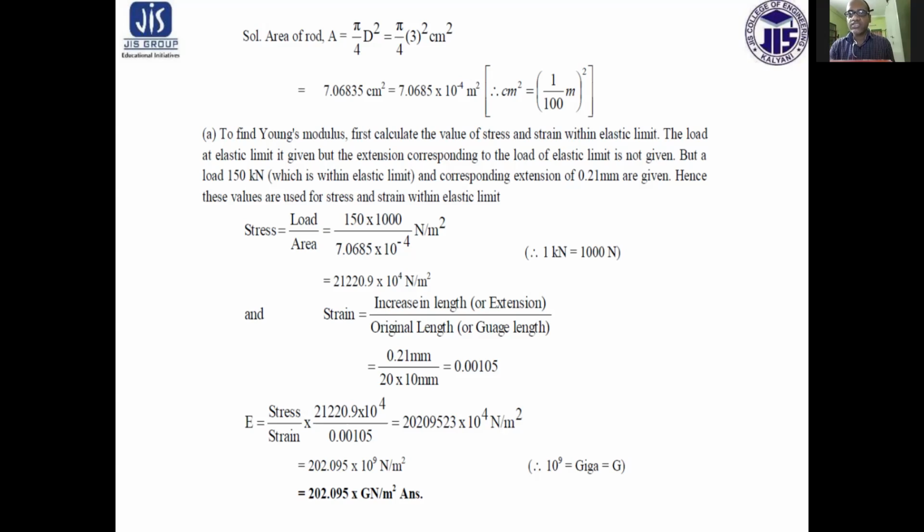By putting in the stress and strain values, we get 202.095 into 10 to the power 9 newton per meter square, or 202.095 giganewton per meter square.